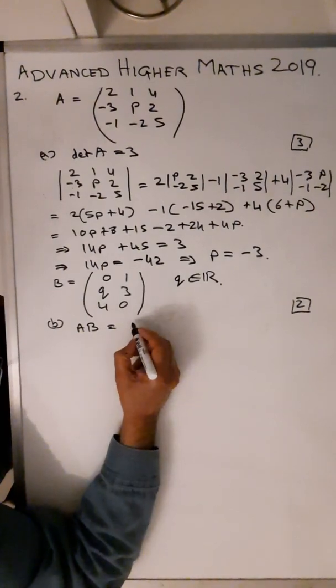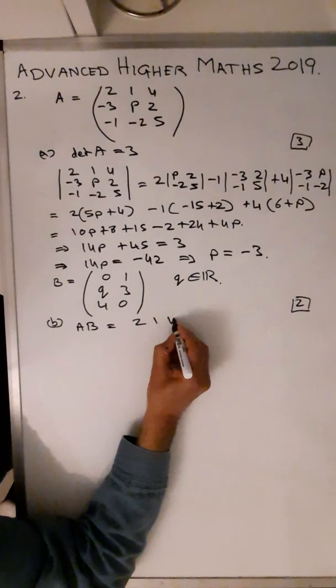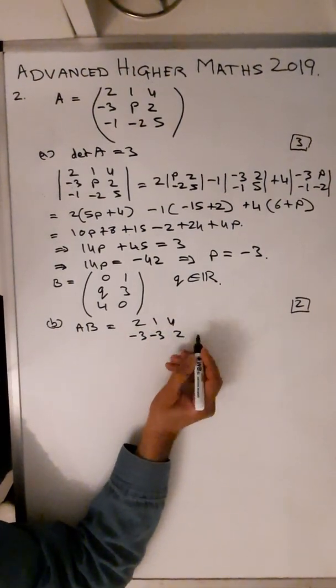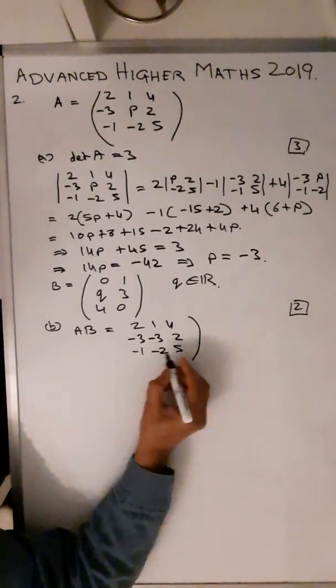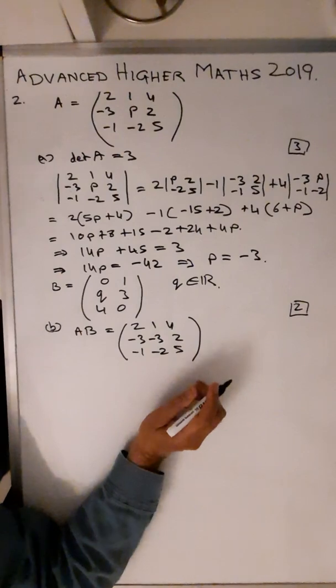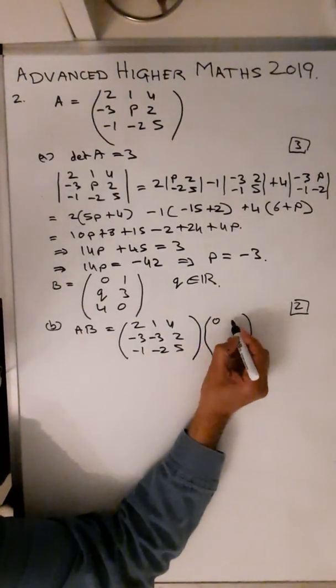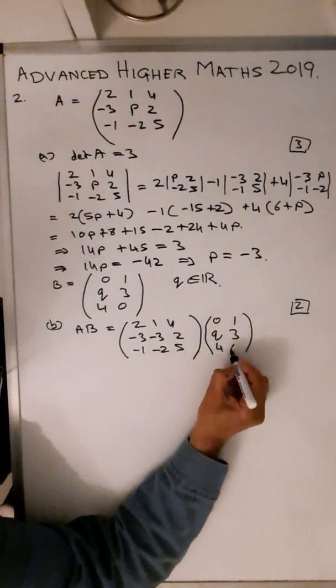So AB is equal to, now you can put the minus 3 in for P, so A is 2, 1, 4; minus 3, 2, minus 1; minus 2, 5, and B is 0, 1; Q, 3; 4, 0.